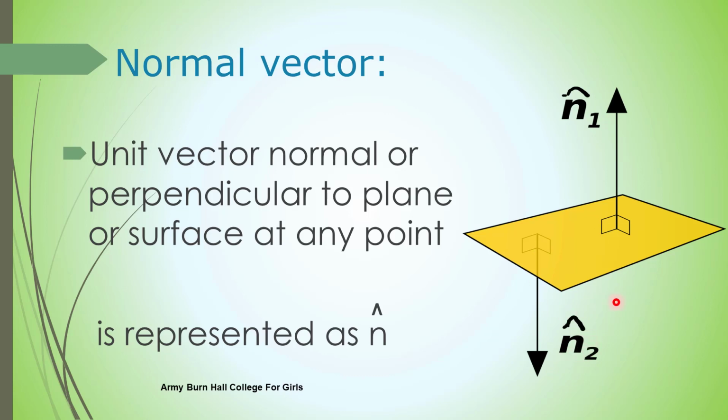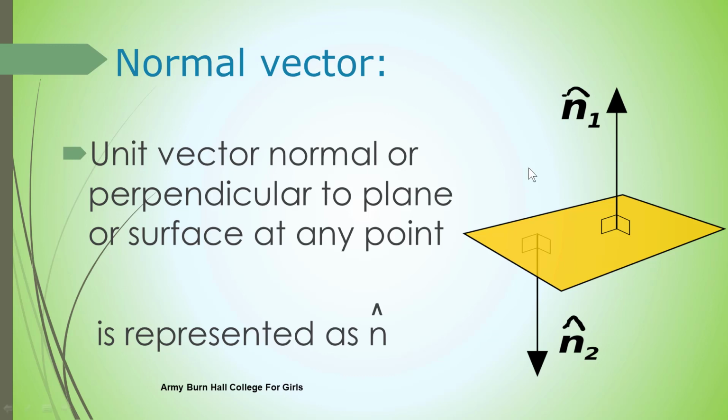If we draw a line at 90 degrees to the given plane, that is the normal vector, represented by n hat. If it has a magnitude of 1 and just specifies the direction, it is a unit vector.